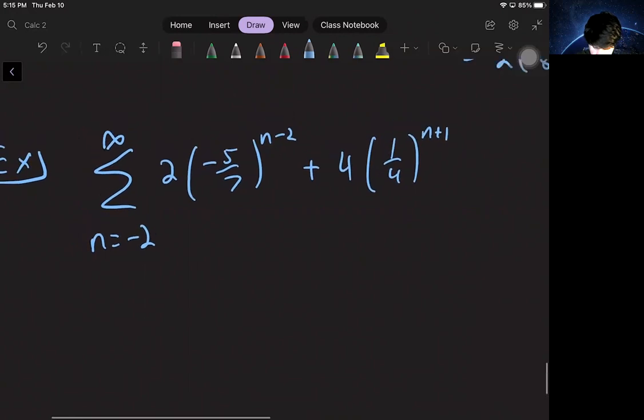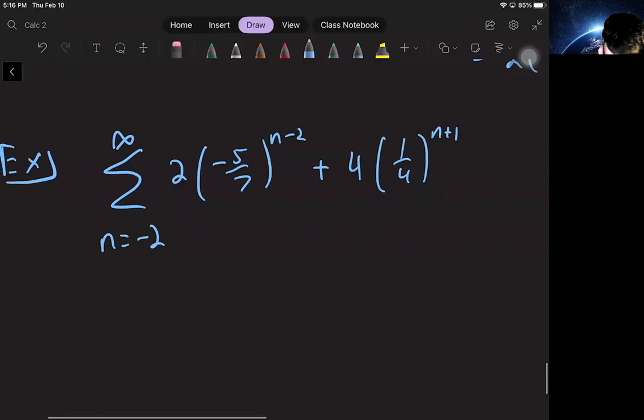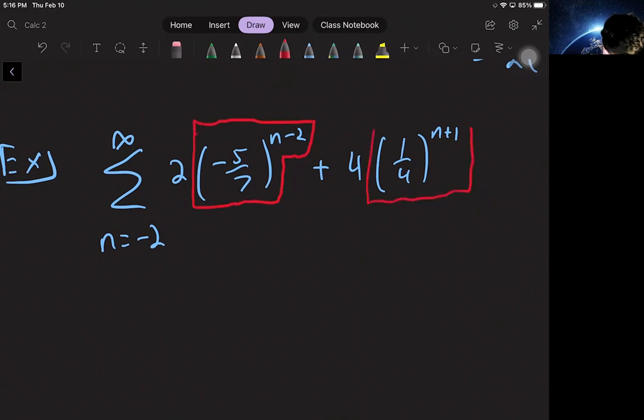So this is still a geometric series problem. And the basic way to identify it is because you still have a number to the nth power, but it's just got some extra gizmos on it. And as soon as you see that, you should be able to recognize, hey, this is going to be a geometric series, but I need to adjust.